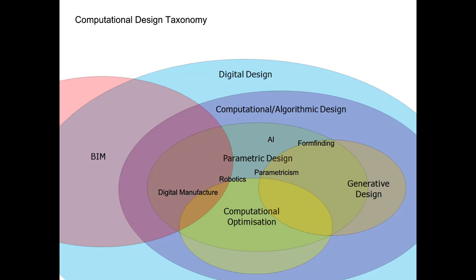There's also BIM, which some people either see as an overarching all-consuming thing or a subset of this. And well, my view on it is that it's a slightly separate thing that has some overlap. So we're not really going to be talking about BIM at all. You might be glad to know. And then there's also certain other things like parametricism, which are slightly more architectural takes on this technology.